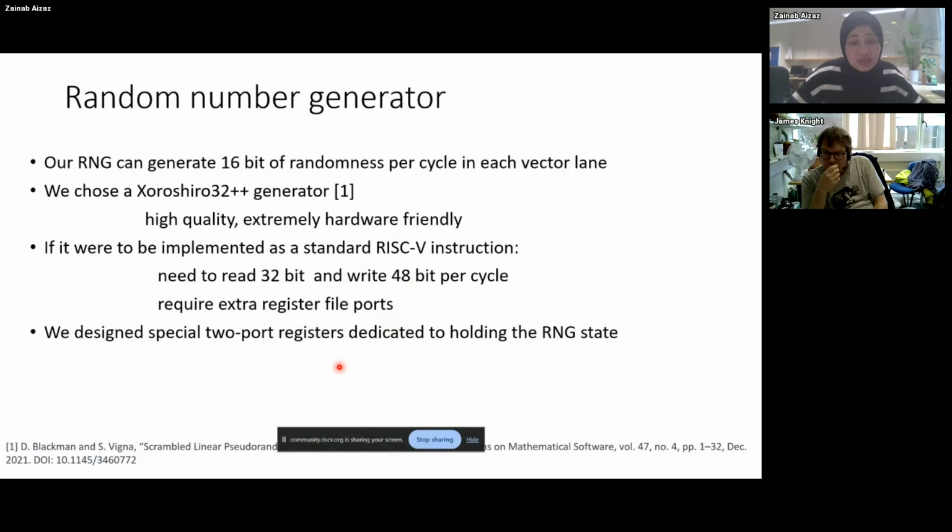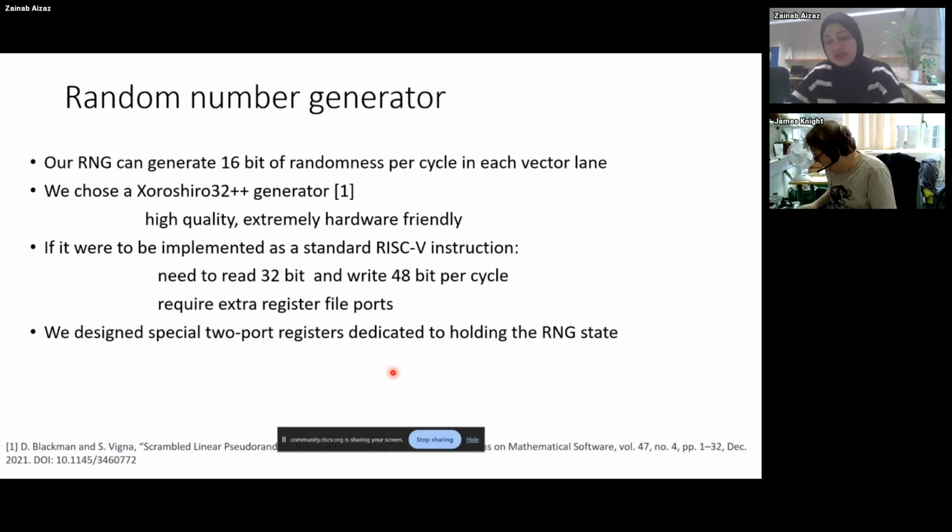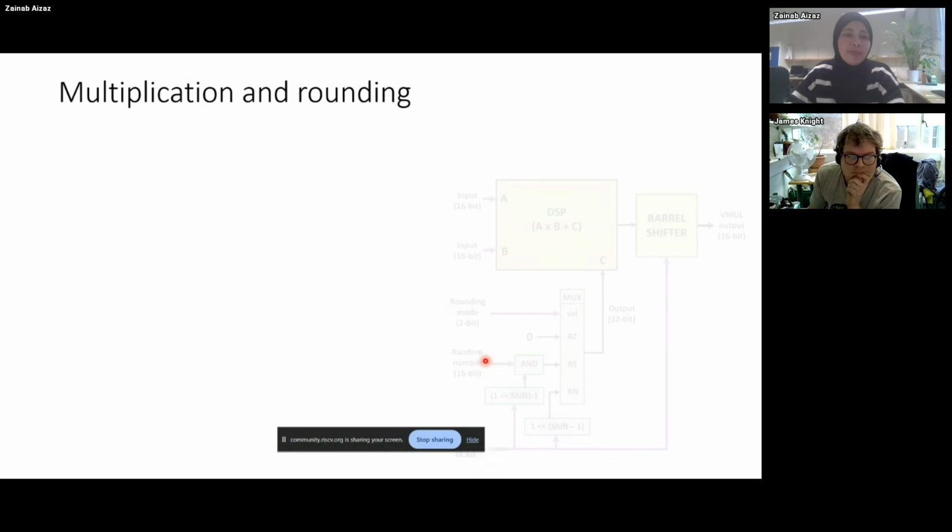So we designed these two special registers for the random number generation, as written in the vector processor diagram, the seed and RNG. We actually require 32 bits of seed per lane for stochastic rounding above the standard operation. So these are registers which were built using distributed memory in the vector processor for performing the random number generation.